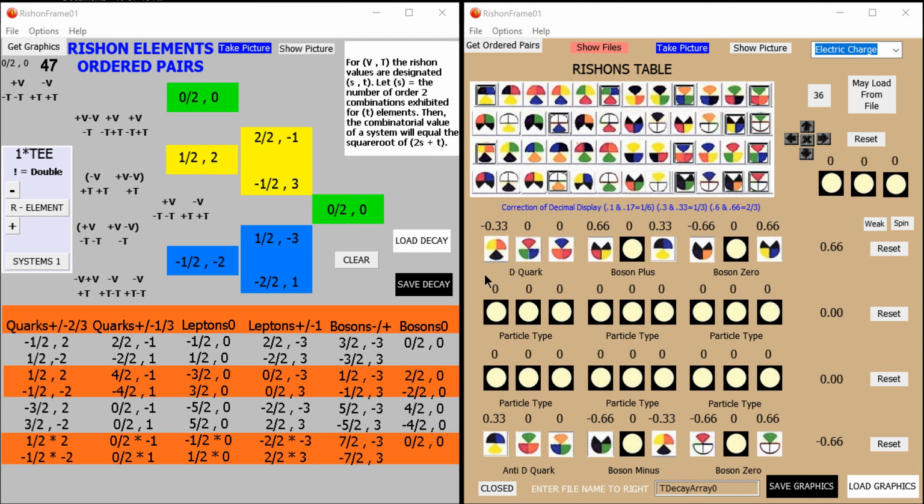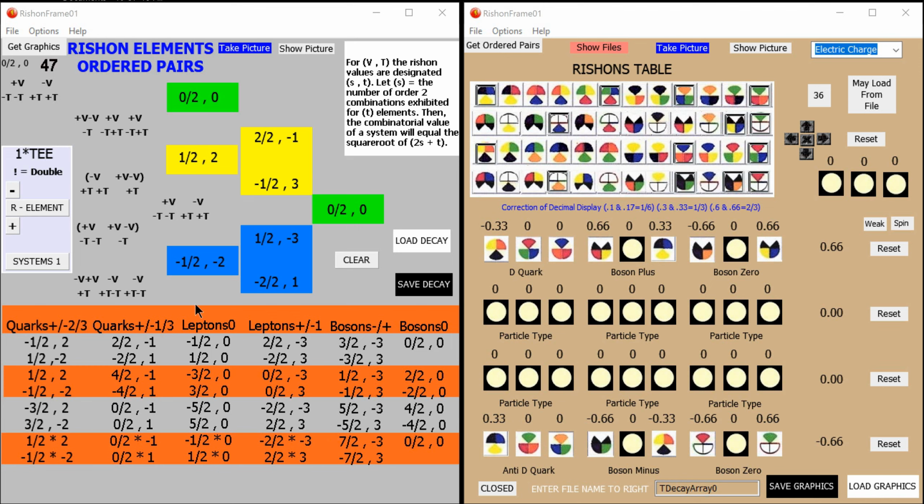Graphically, we have it here. This is the generic D quark made of anti-T and 2 anti-V Rishons. And the anti-D quark here made up of a T and 2V Rishons.